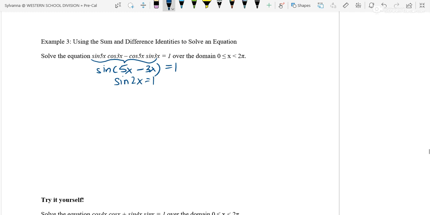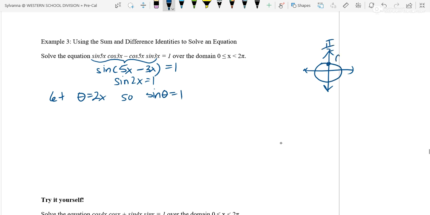Now this becomes one of those multiple wrap questions that we've done before. I'm going to let theta equal 2x. So what I'm actually solving for is just sine theta is equal to 1. I can draw it out on my unit circle to see when sine is 1. And sine is 1 at pi over 2 because my point here is (0, 1), and the second coordinate tells me that sine is going to be 1 there at pi over 2.